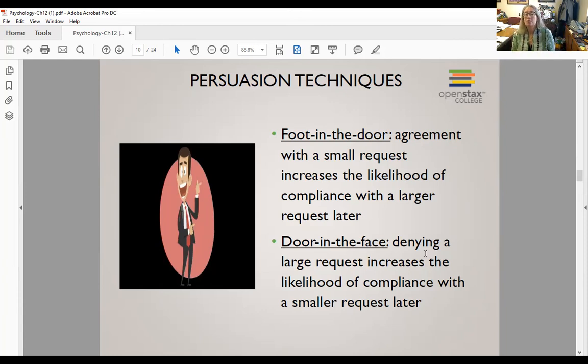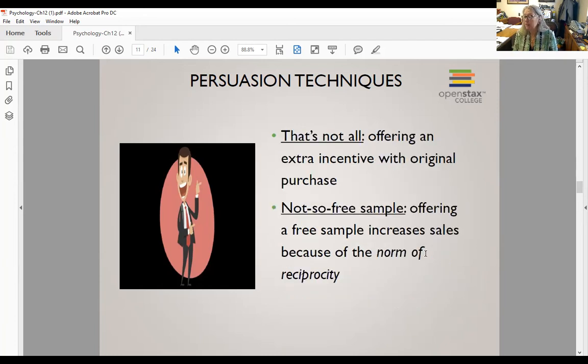We're sort of using this norm of reciprocity against the person, because you didn't really want them to do it for 2 hours every week for 2 years anyway. You just wanted them to take them just for the Saturday for 2 hours. But you seem to ask less, so then they're willing to do more. So that's the door in the face.